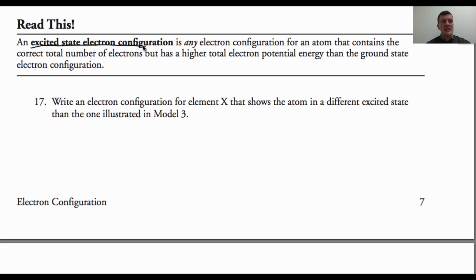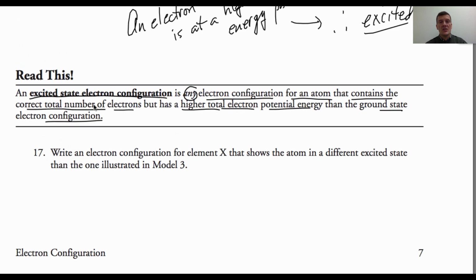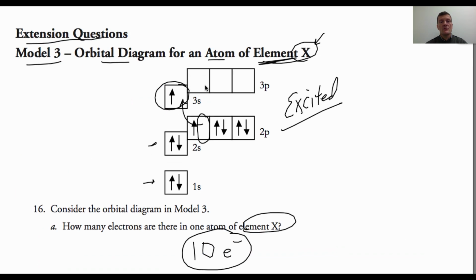An excited state electron configuration is any electron configuration for an atom that contains the correct total number of electrons, but has a higher total electron potential energy than the ground state electron configuration. By the way, you will know that when you draw this diagram, you will see a gap. You'll see an electron that jumped up.